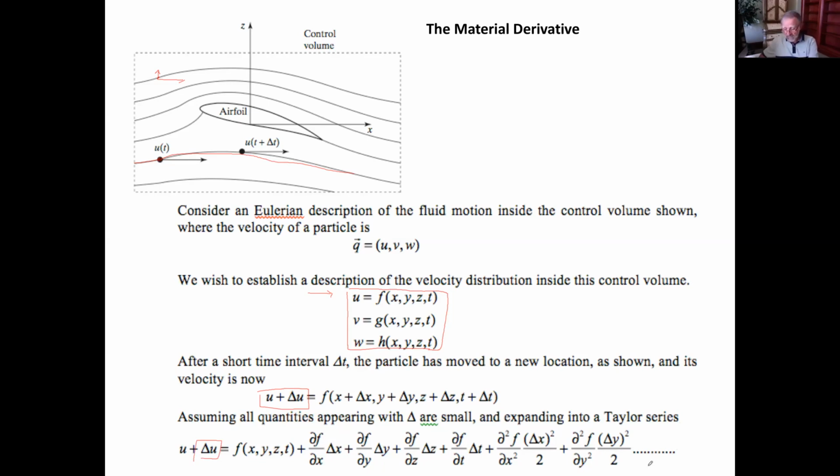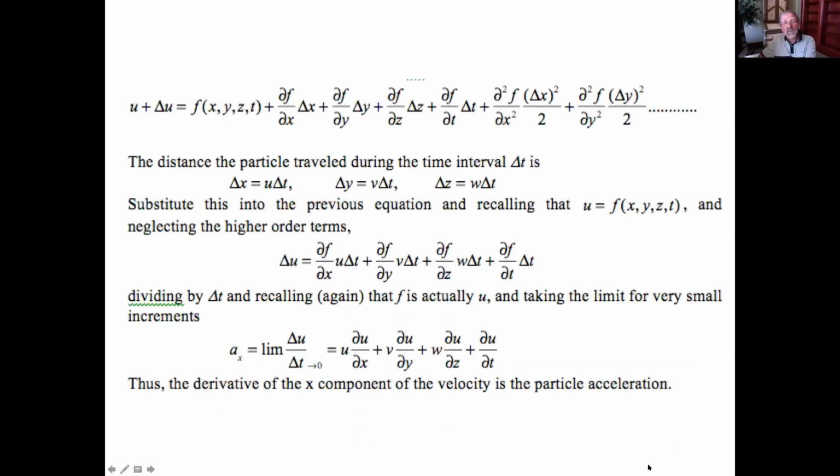So let me go to the next one. So far, nothing dramatic. I just recopy what we had before so we can continue. This is the same thing, but now we're looking at some simple facts of life. Delta x, we assume this is a very small distance and therefore everything is constant, not changing much.